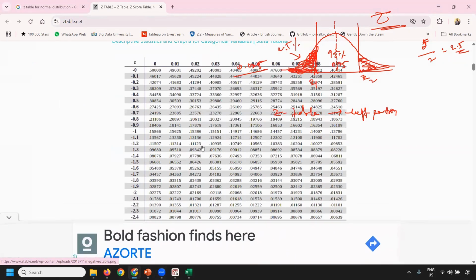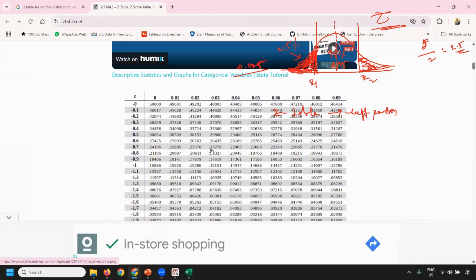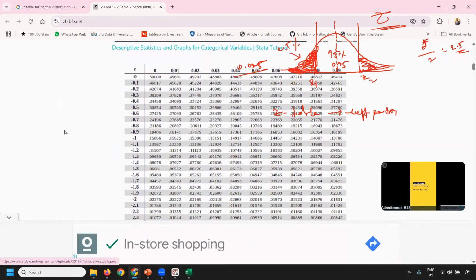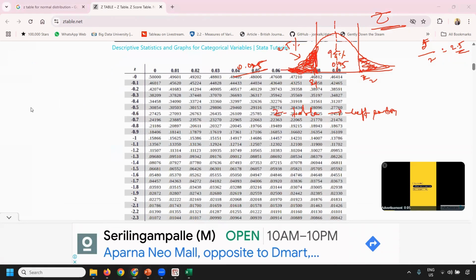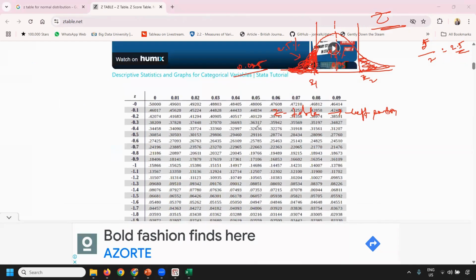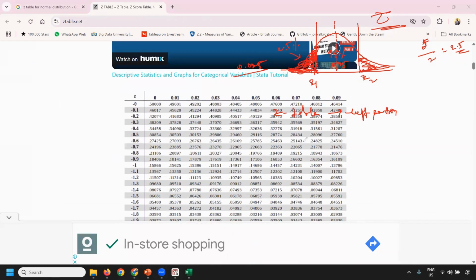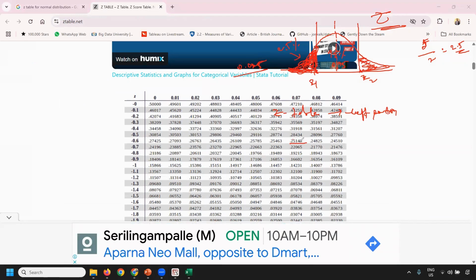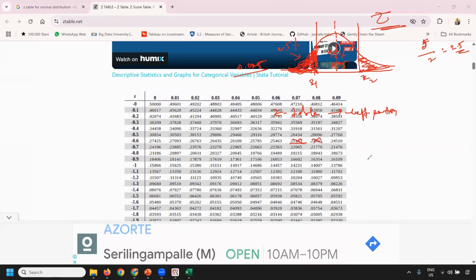Where do you see that 0.025 number? 0.025, not 0.05, not 0.25. Okay, so we may get confused somewhere around here, but this is not the value that we are interested in.